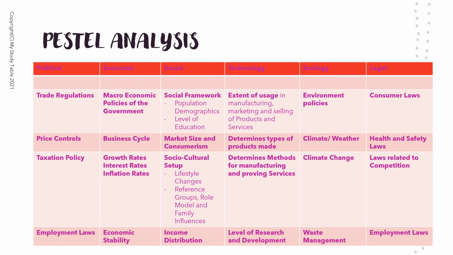So when you're talking about social influences, things like population demographics, the composition of the population in a particular area or region, the income distribution. It'll help the marketer to understand the size of the target market or the current market that they are in.